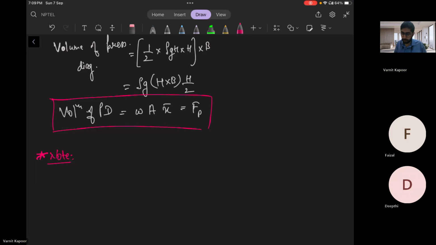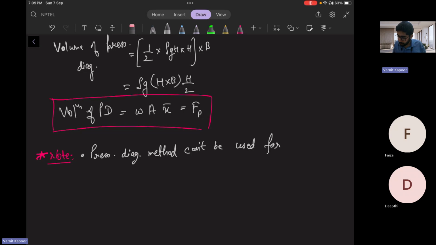Pressure diagram method can't be used for circular, triangular, or any other shape flat surfaces.